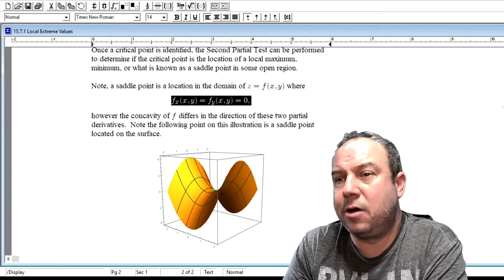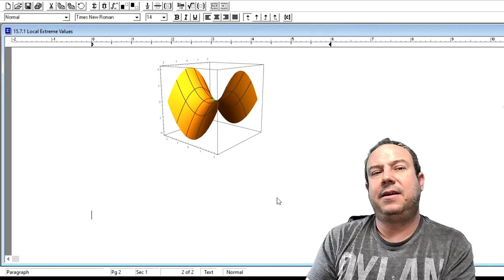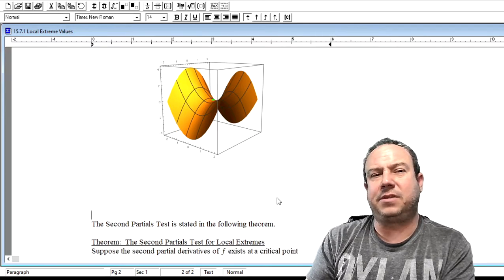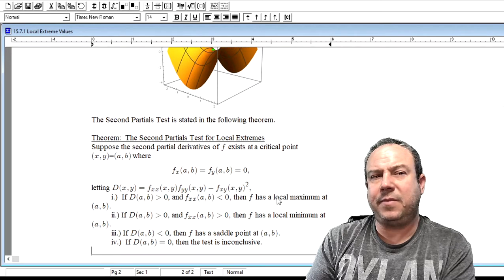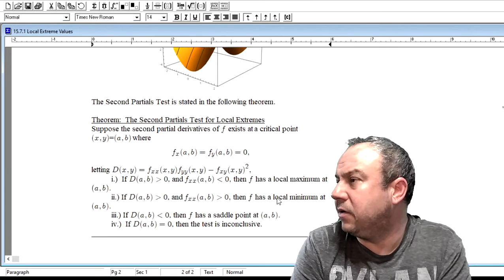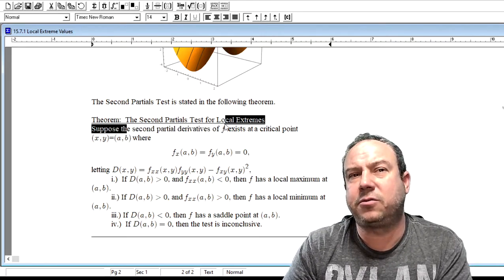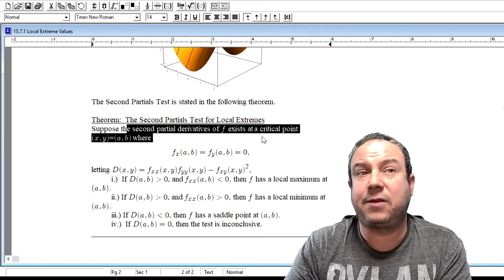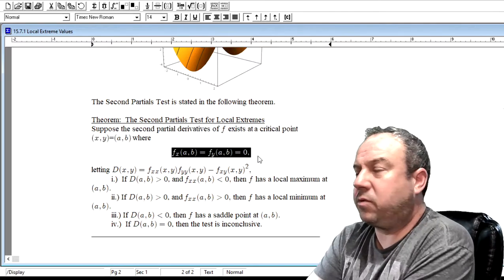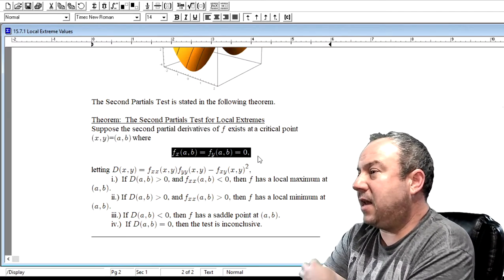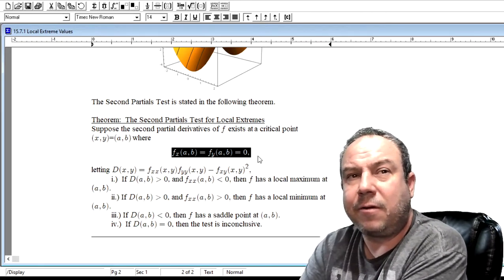All right, take note. The second derivative test does help to identify all these items, extreme values and saddle points. Now here's the second derivative test. It says, suppose the second partial derivatives of f exist at a critical point (a, b), where those first partials with respect to x and y at (a, b) both equal 0 simultaneously.